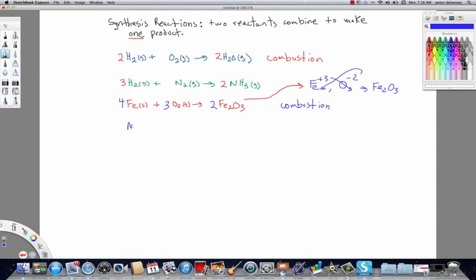In this example, we're going to take magnesium oxide, which is a solid, and we're going to react that with water, which is a pure liquid.